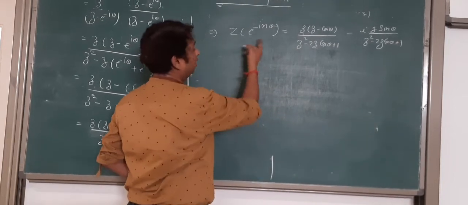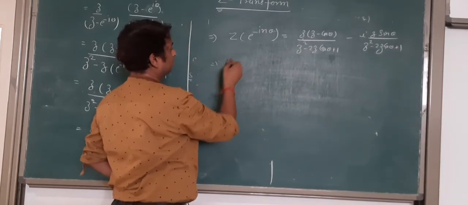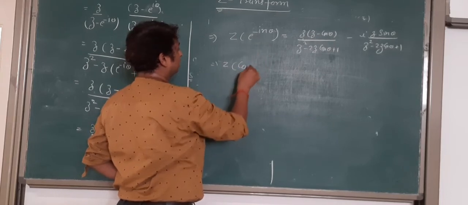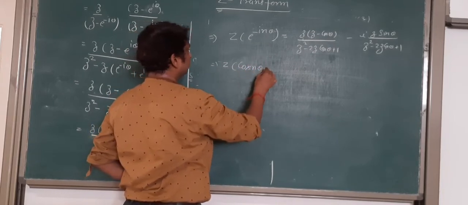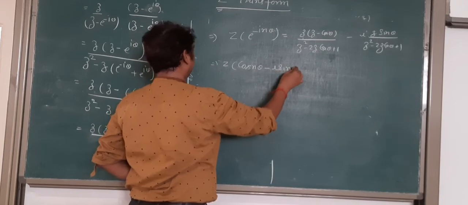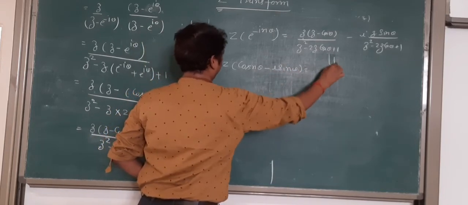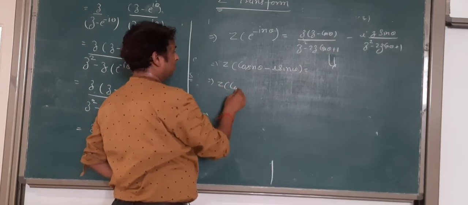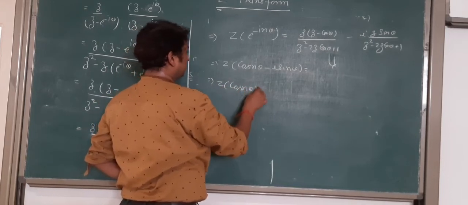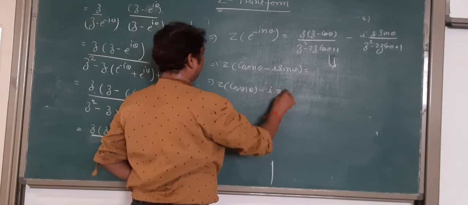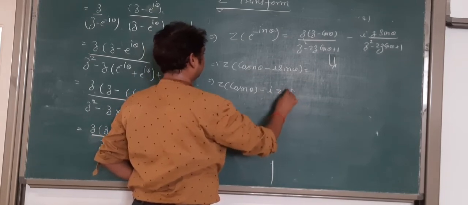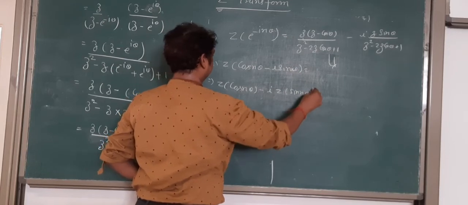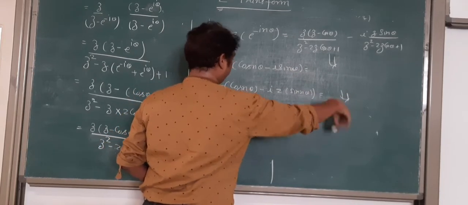So what is this? E to the power minus iota n theta means cos n theta minus iota sin n theta, and the same we write on the other side. So we can write z of cos n theta minus iota z of sin n theta.